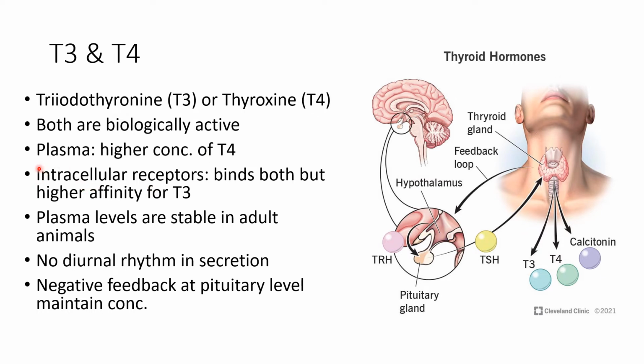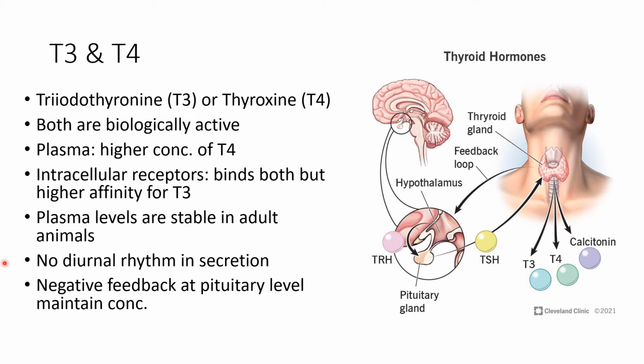However, with regards to the intracellular receptors, primarily in your nucleus, it has higher affinity to T3. So sometimes your T4, upon entering cells, is actually converted to T3 to have a higher chance of binding to thyroid receptors in the nucleus.